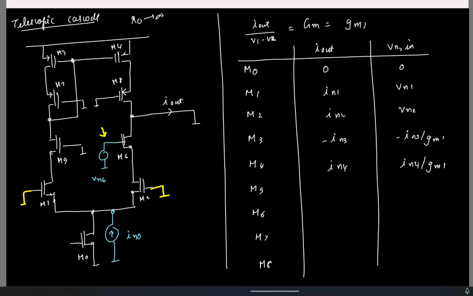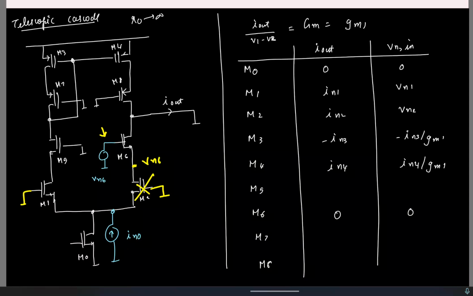It will be 0. It's open circuit incrementally, so small signal current will not be there, right? If this is opened, this is now a source follower. If this is Vn6, this will also be Vn6. So incrementally, there will be no current. So yeah, M6 is 0.